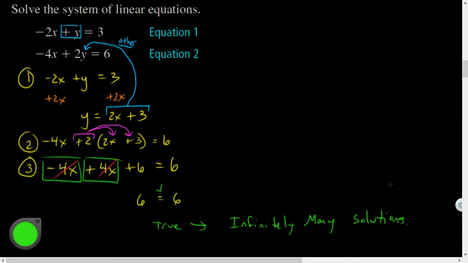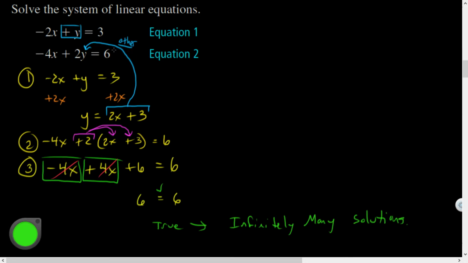And even if I did elimination method for this problem, it actually would have had a similar outcome. Both of the variables would have been eliminated, and I would have had a true statement at the end telling me there's infinitely many solutions. And these solutions are limited to the solutions that make either of these equations true.